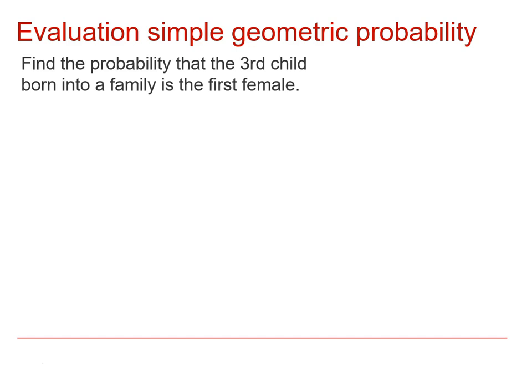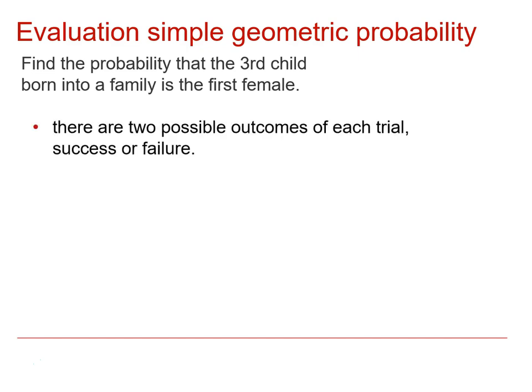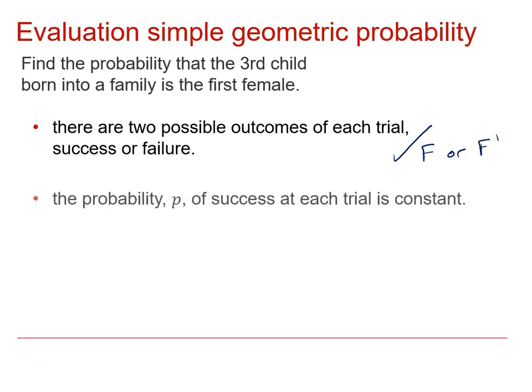So if we're going to answer this question using the geometric distribution, first of all we need to think about the assumptions. So we need two possible outcomes of each trial, success or failure. Absolutely, we've got either female or not female. Probability p of success at each trial is constant.